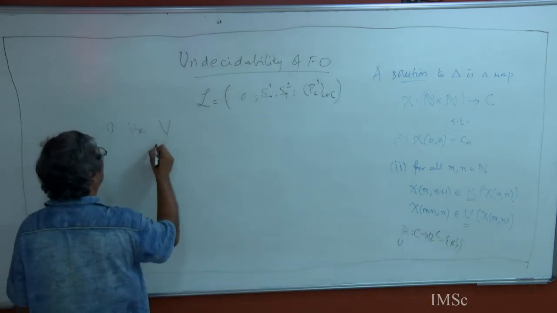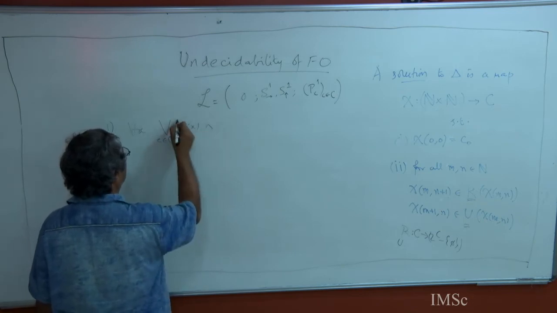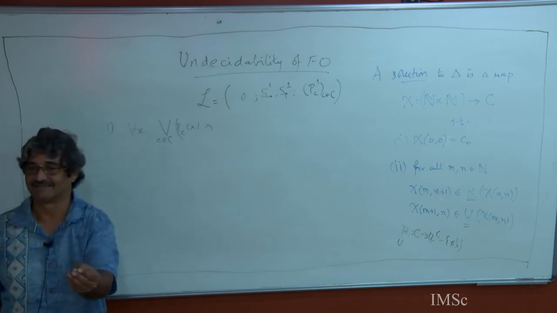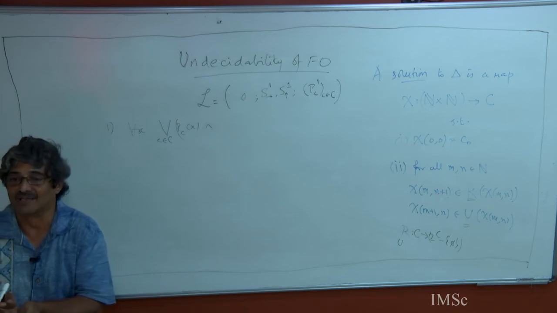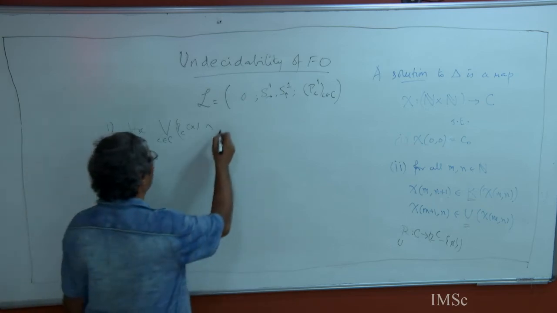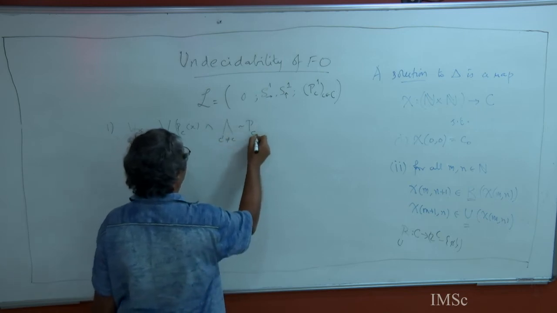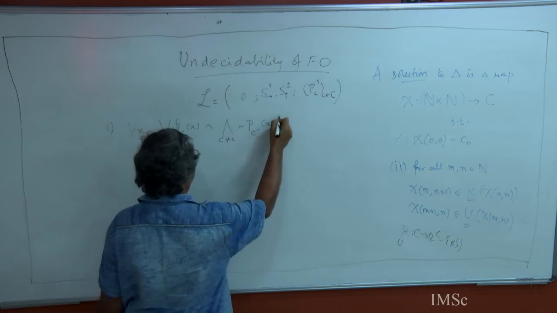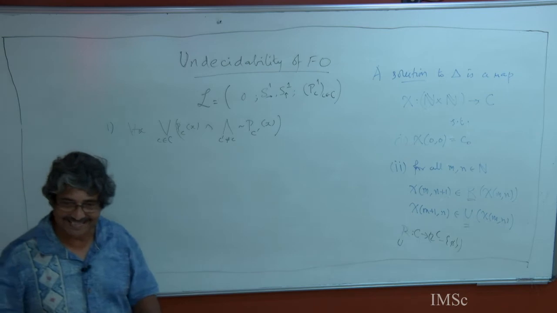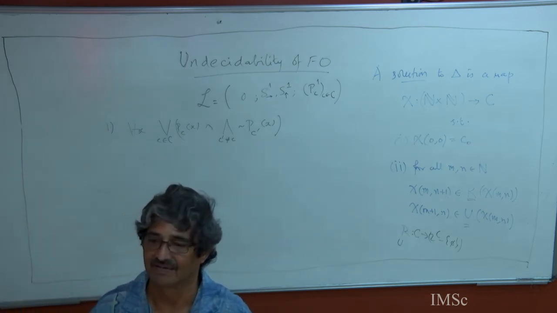For all x, or over C belonging to C, every point must get some color, and you shouldn't get two colors, right? The point should not get two different colors, right? And over C prime not equal to C, not P C prime of x. Is this clear? This says that if I put together all the PCs, I get a partition of the domain.